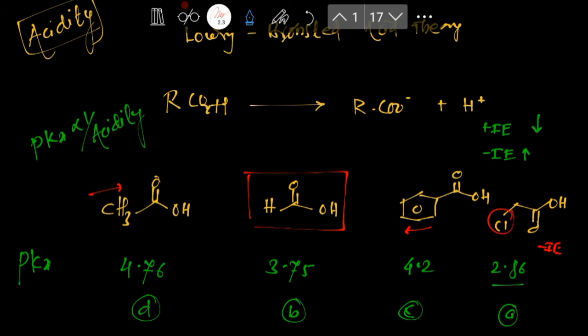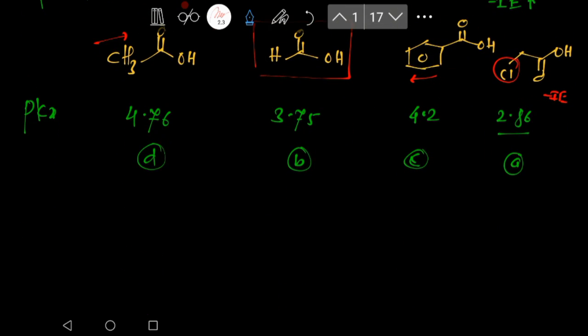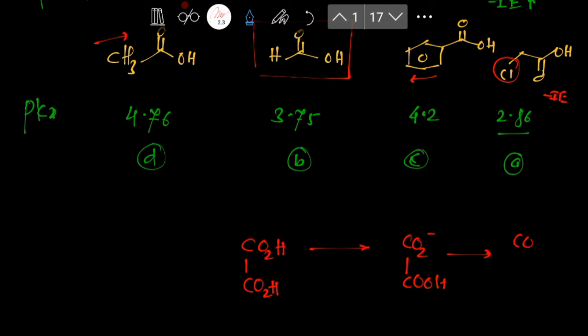Okay, and we have one more example, that is dicarboxylic acid. You know that one best example of a dicarboxylic acid is oxalic acid. Now this is a dibasic acid because it gives 2 protons, and in case of a dibasic acid, it has 2 different pKa values. Suppose it loses the first proton, so it becomes like this one, and if it donates both the protons, it becomes like this one.